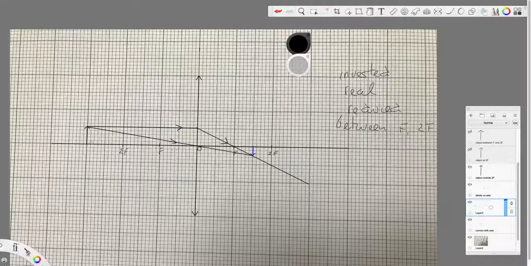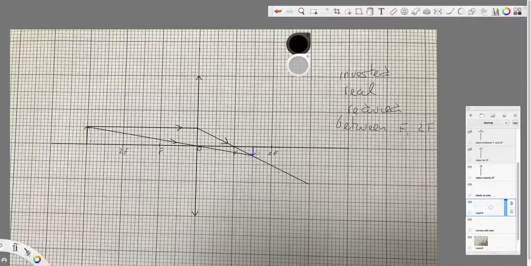Now, if you draw it really accurately, then you can measure the height of your object. That might be 5 centimeters, and you can look here and see that's 2.5. That's half of that. So you can measure and work out the magnification of this lens.